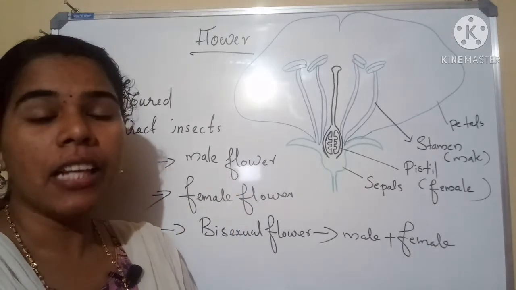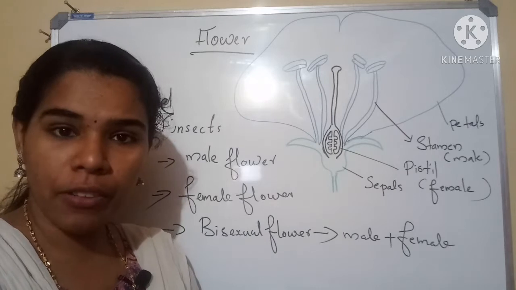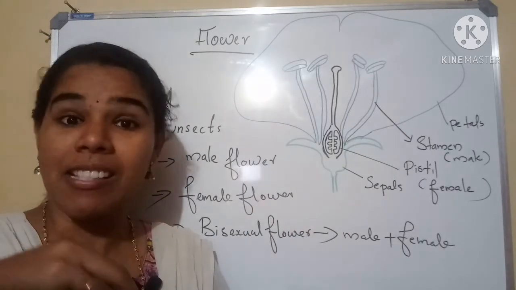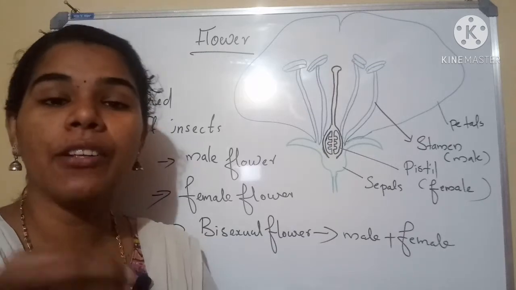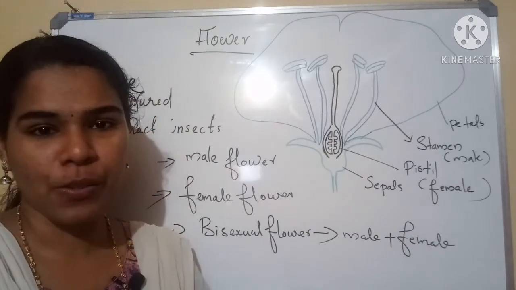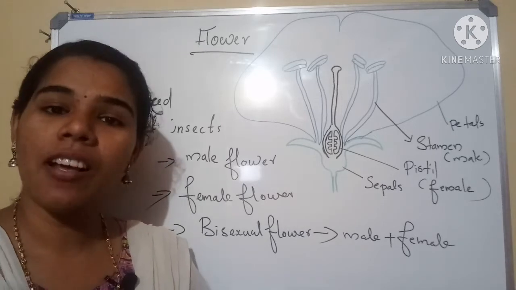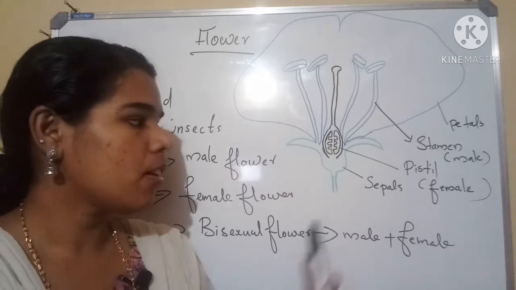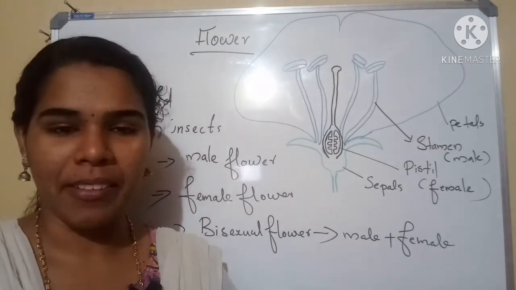In lady's finger and shoe flower, both sex organs are in the same flower. These are known as bisexual flowers. Next class we will discuss in detail the different parts of pistil and stamen.